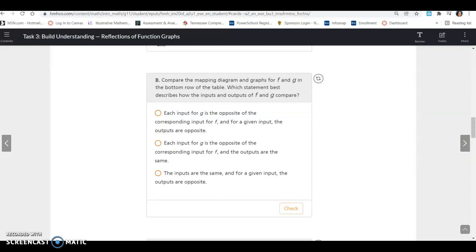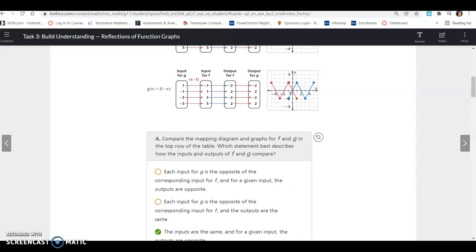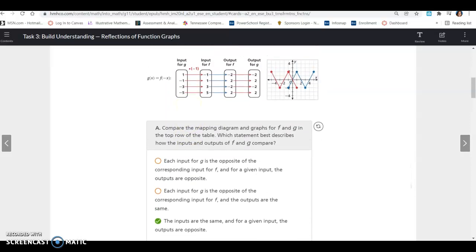And it says, compare the mapping diagram and graphs of f and g in the bottom row of the table. Which statement best describes how the inputs and outputs compare? So again, remember the second one is changing the input. Alright, so this one changes the input and the outputs are the same.